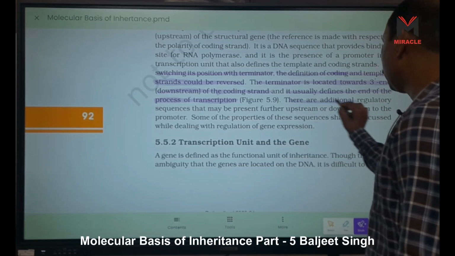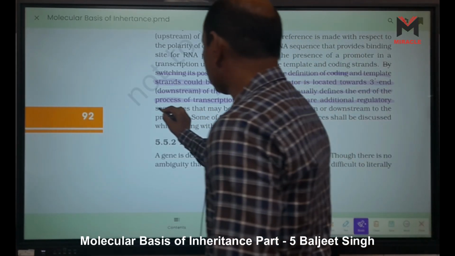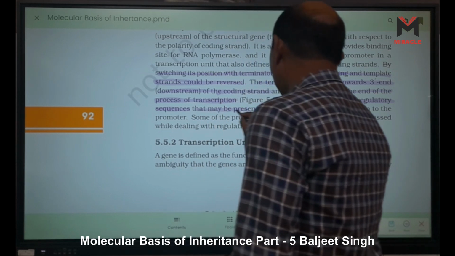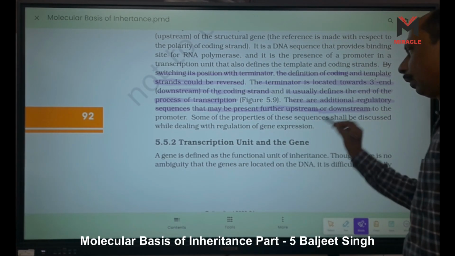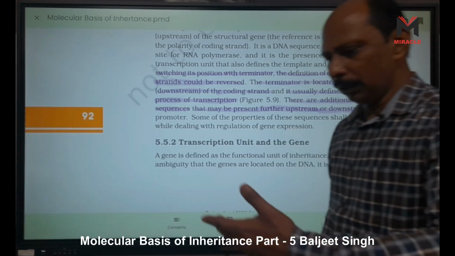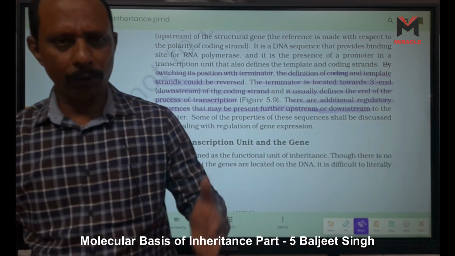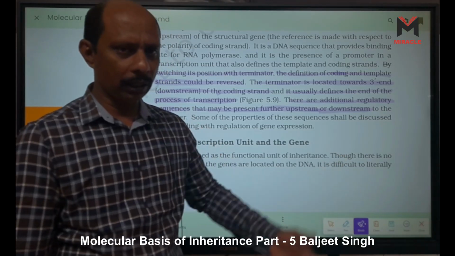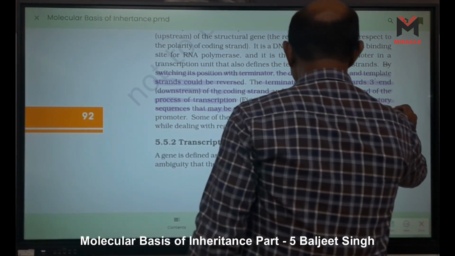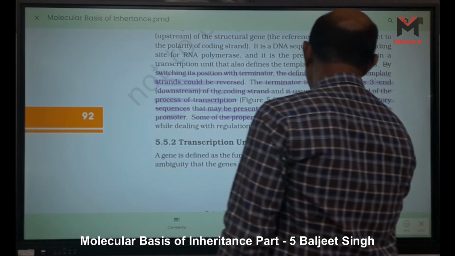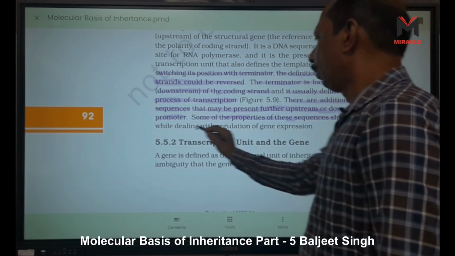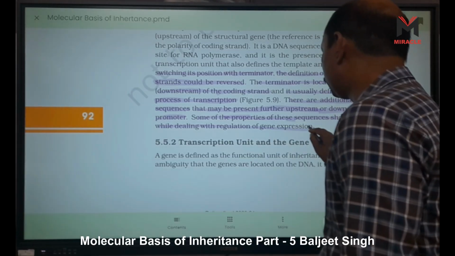There are additional regulatory sequences that may be present further upstream or downstream. They are present before the initiator, or after the terminator. Some properties of these sequences will be discussed while dealing with the regulation of gene expression.